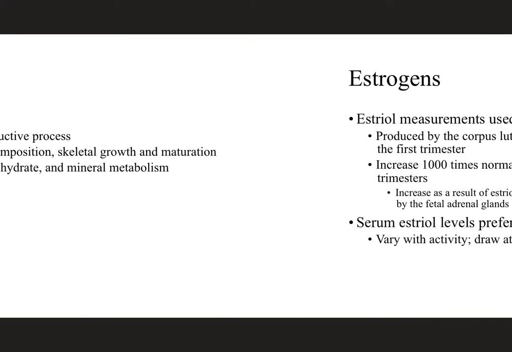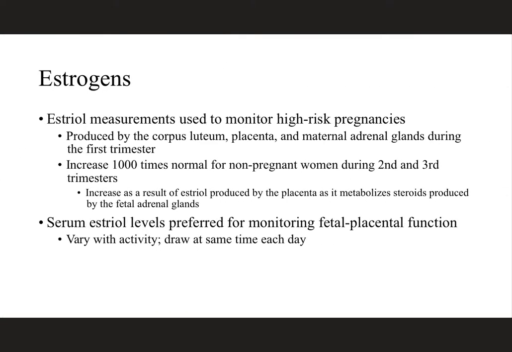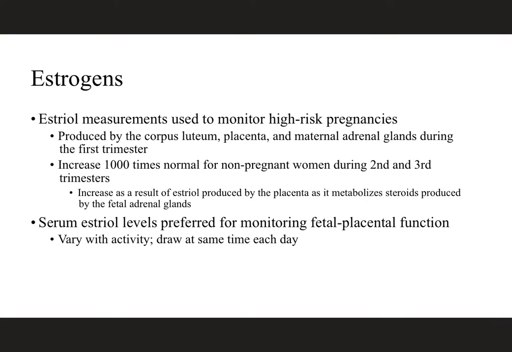So let's move on here. I mentioned earlier, estriol we use for measuring our high-risk pregnancies. It's really important for determining whether or not a pregnancy is going to plan.